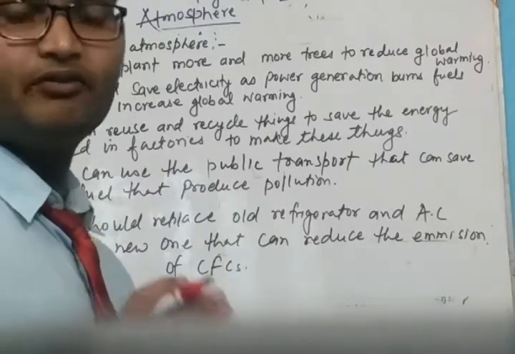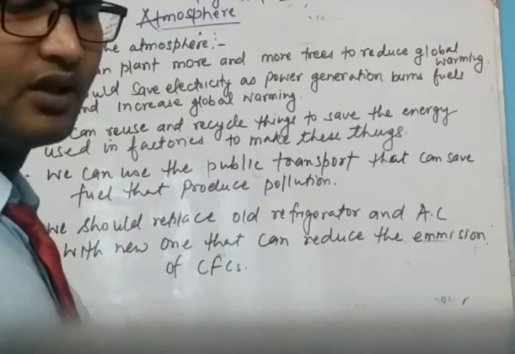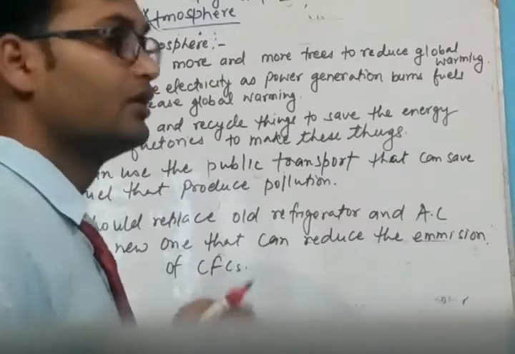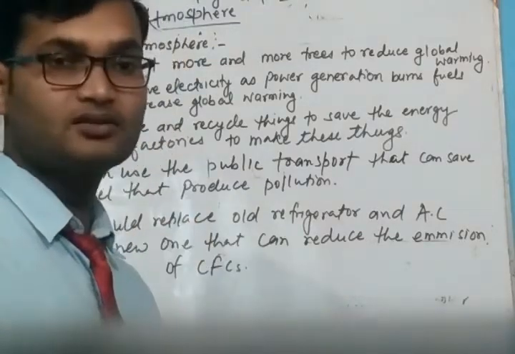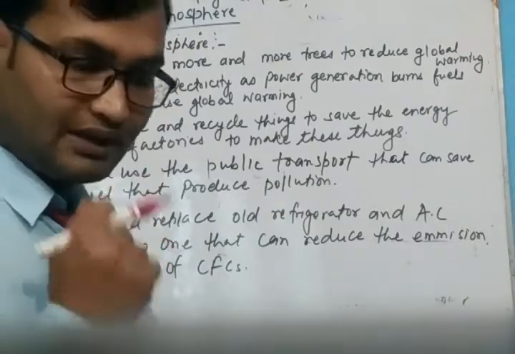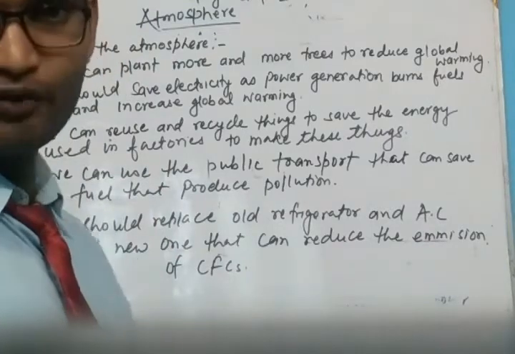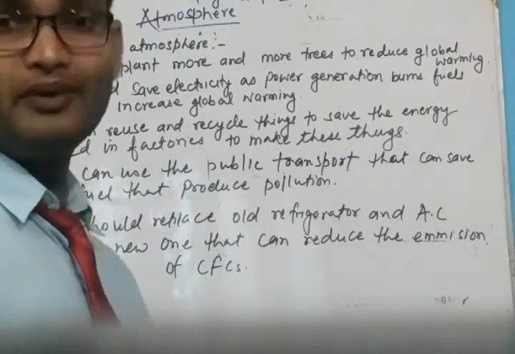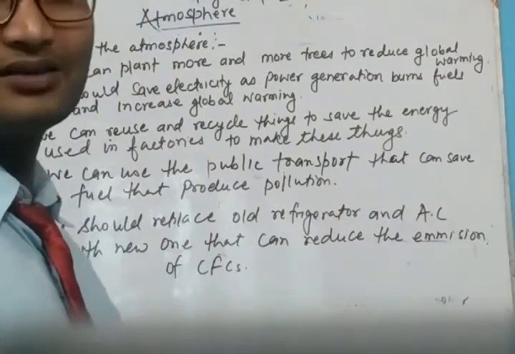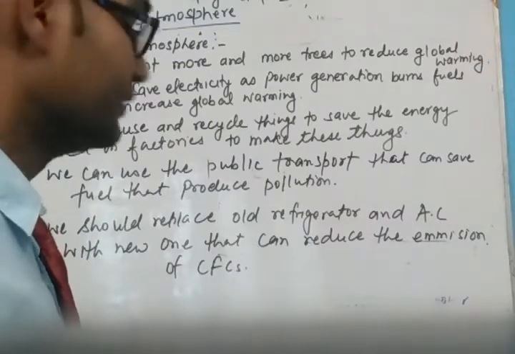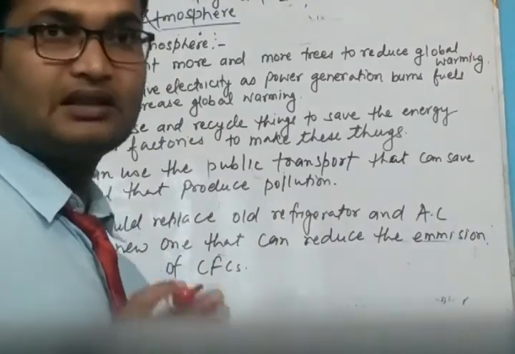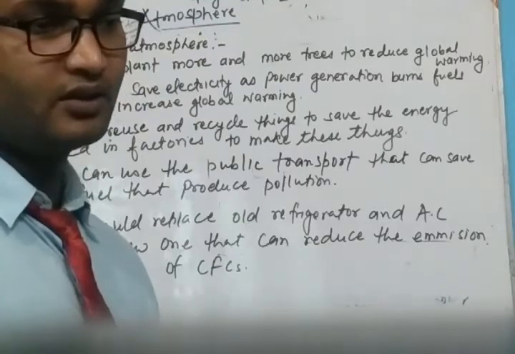This is very helpful for reducing global warming. Next one is the vehicles, which produce carbon dioxide. So we should reduce the usage of vehicles. We can use public transport in place of our individual cars, etc. Next one is power generation in thermal plants, which releases more carbon dioxide.